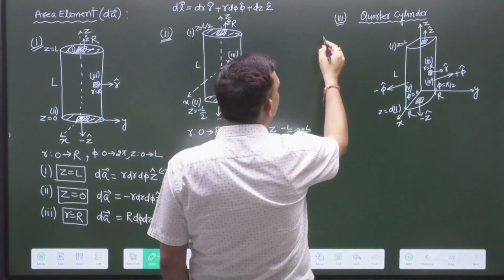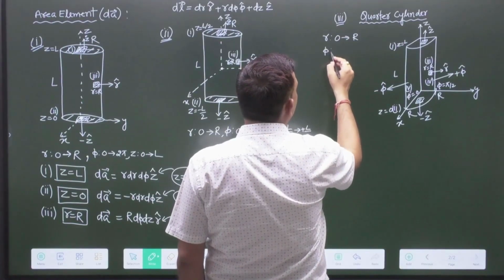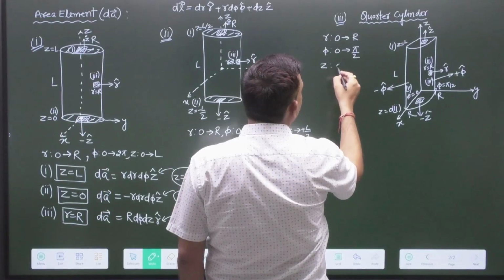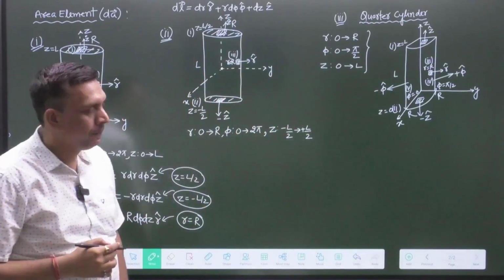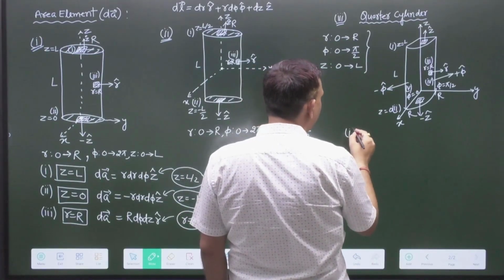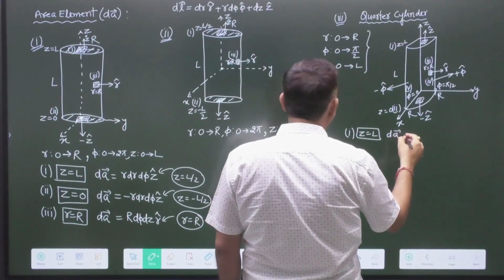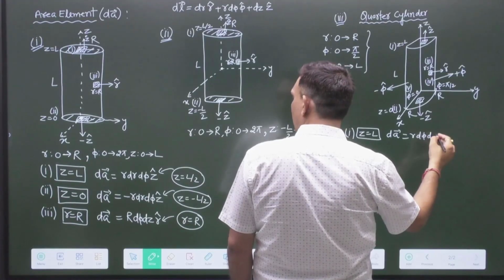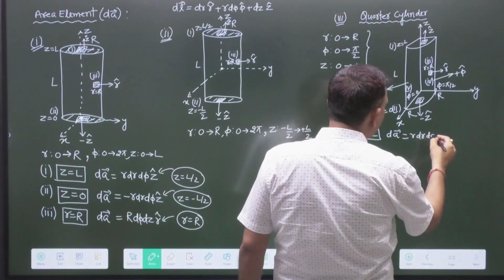So if you specify R, phi, Z, phi will be 0 to pi by 2 and Z will be 0 to L. And dA again you can write on these 3 surfaces, this will be the same. For the surface Z is equal to L, what will be dA? This is R dr d phi Z cap.